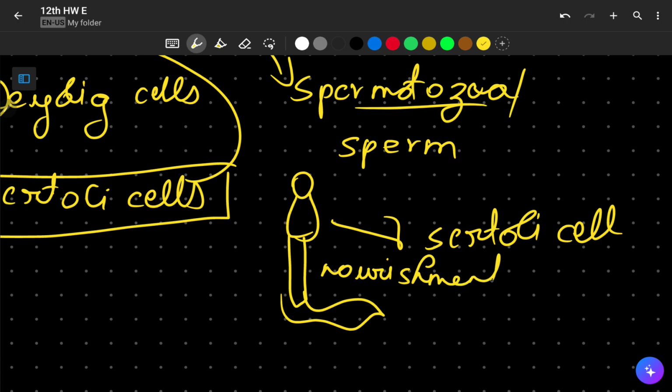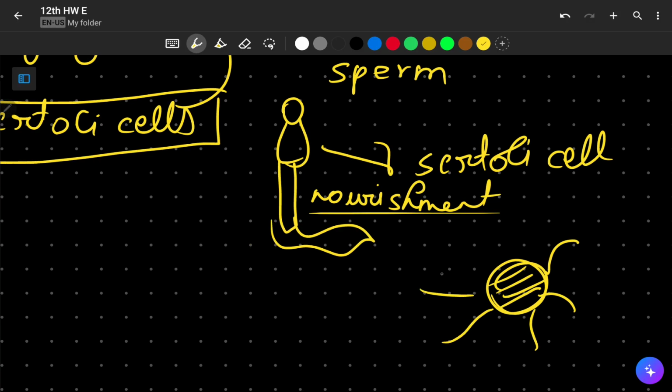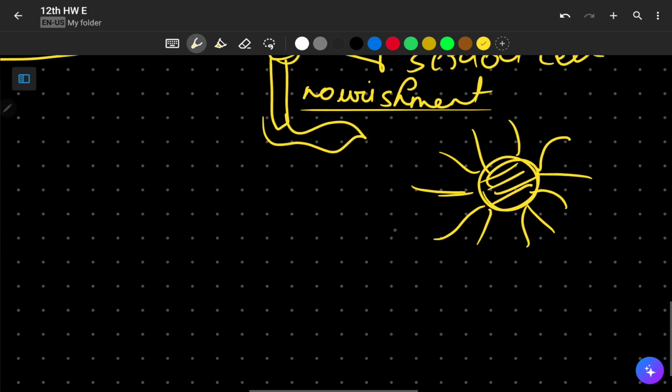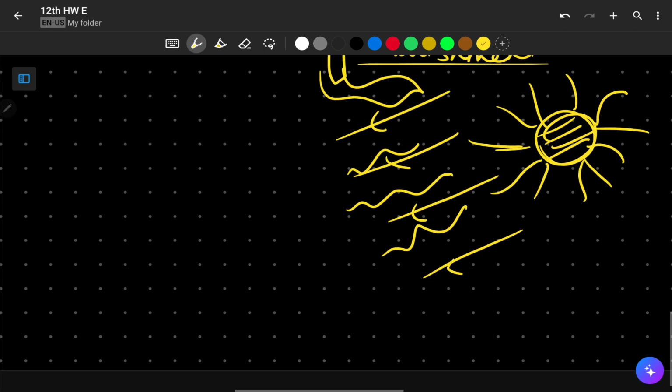They are just formed, and when they are completely nourished, they will come out of the Sertoli cell. So we can imagine a food box, which is the Sertoli cell, and all the sperm gathered around it for food. And then once it's time to move away, this process is called spermiation.